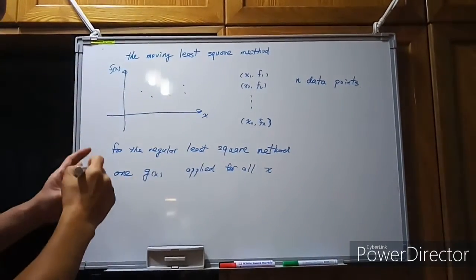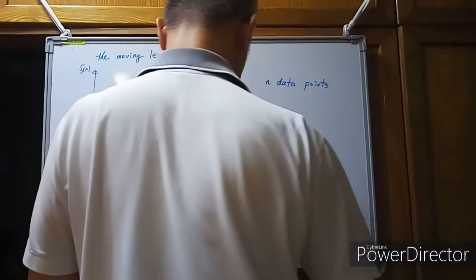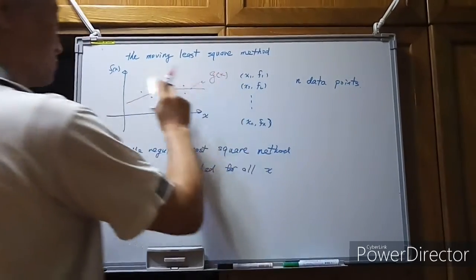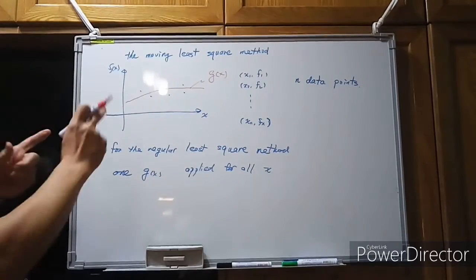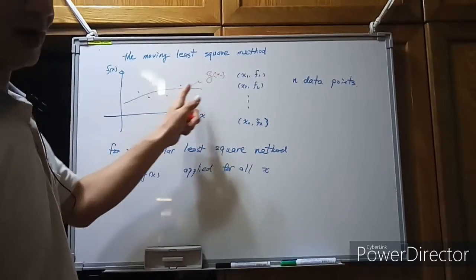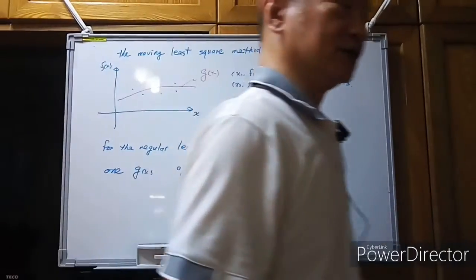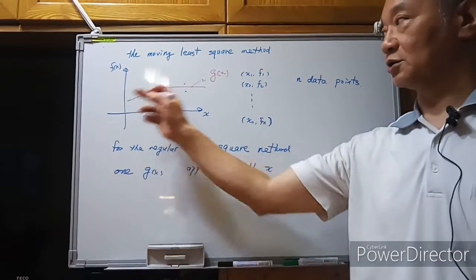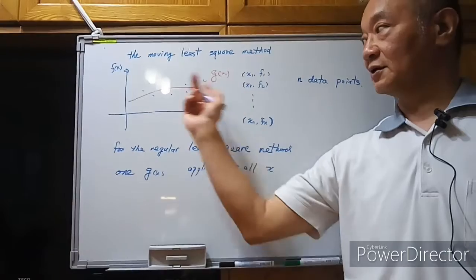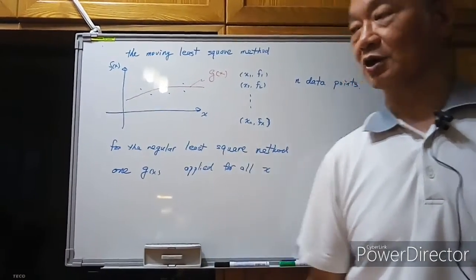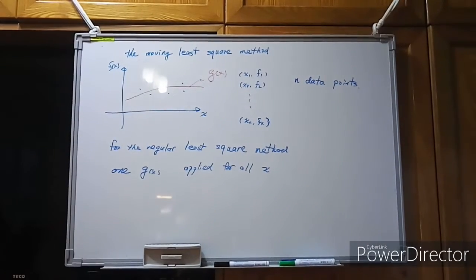After we find the g of x function, it will be used to estimate the function values no matter which x we are considering, for the entire range of x.